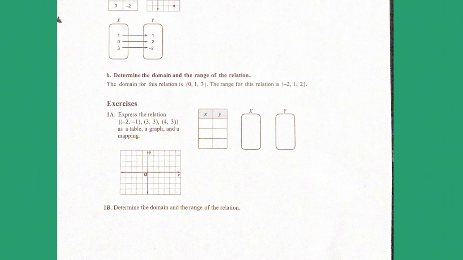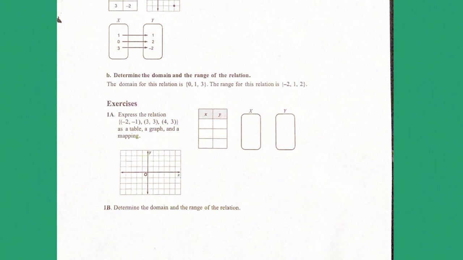Okay. Some of you guys have already been in and seen this. Here's what you got today. You're going to have to express the relation as a table, a mapping, and a graph. So I think, hopefully by this point, based on what we just did, this becomes pretty self-explanatory. 1A right here.